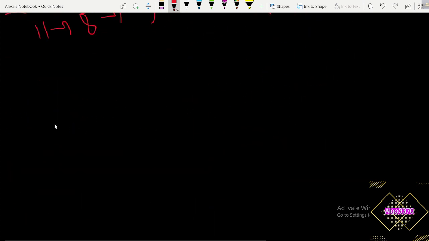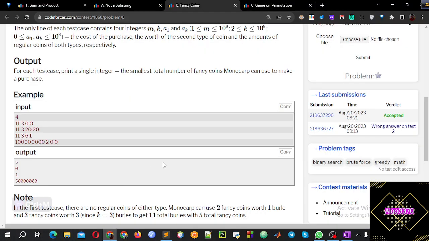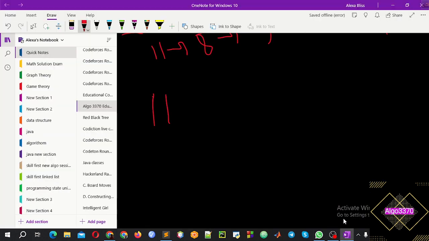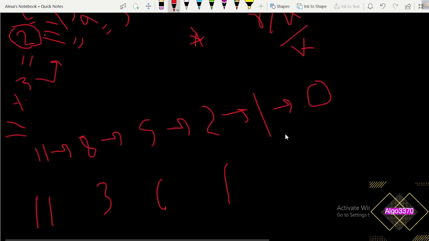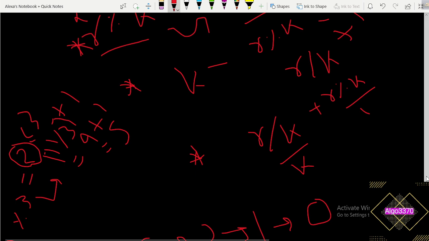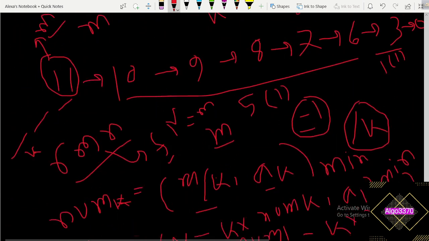So let's assume this situation: 11, 3, 6 and 1. Another explanation we have for this second collecting point. Let's assume this.